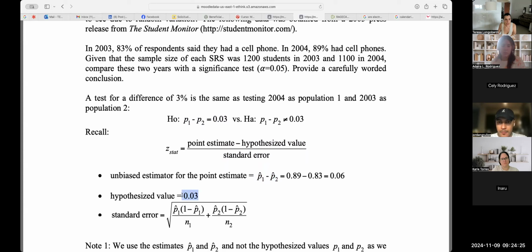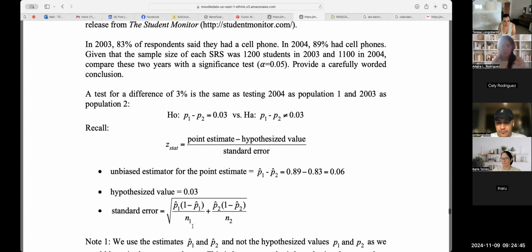And I said I want to check if the difference is different from 3%. So is it going to be more than 3% or less than 3? Did it go down? It's never going to go down. But anyway, and then this is my standard error. That looks familiar, right? What does it look like to you? What is this just by itself?